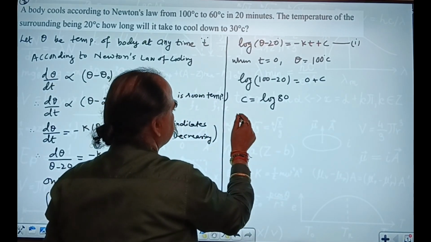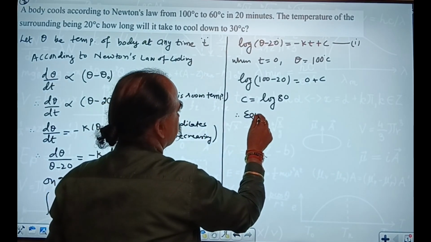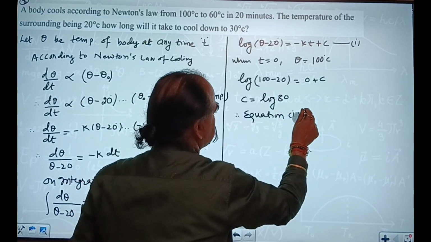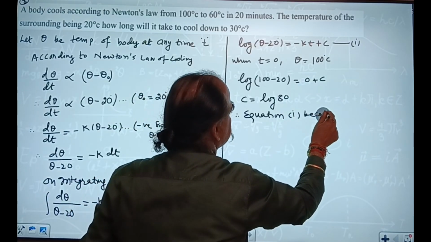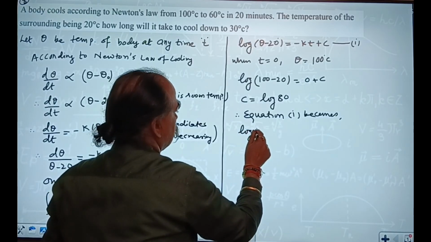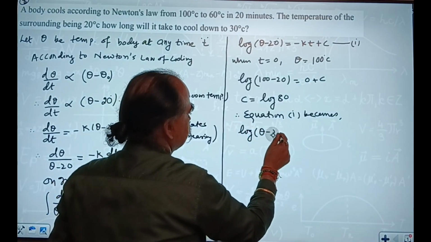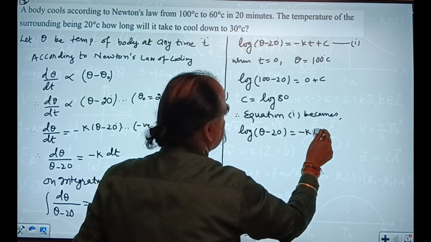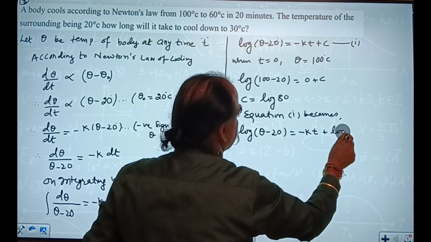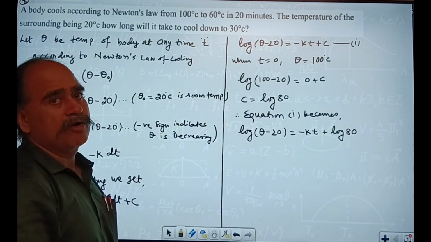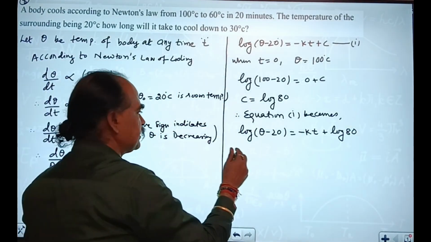Therefore equation 1 becomes log of theta minus 20 is equal to minus kt plus log 80. Bring log 80 on this side.